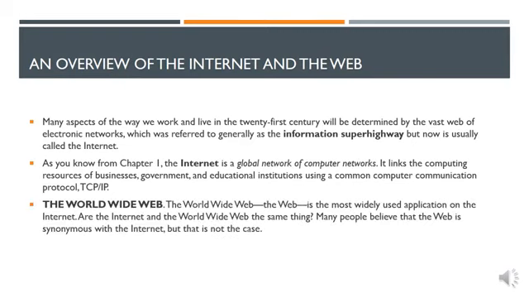The World Wide Web. The World Wide Web, or the web, is the most widely used application on the internet. Are the internet and the World Wide Web the same thing? Many people believe that the web is synonymous with the internet, but that is not the case.